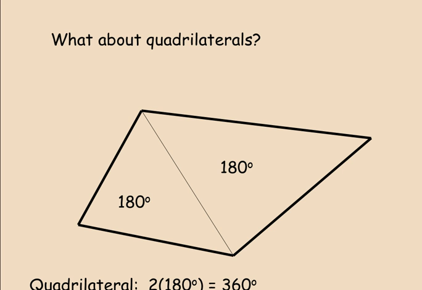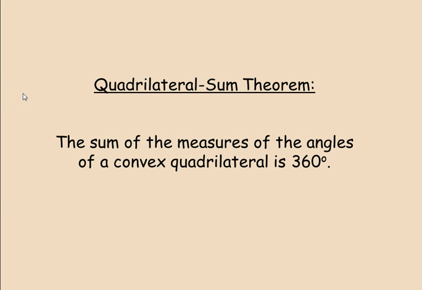So the quadrilateral sum theorem basically says what we just saw, that the sum of the measures of the angles of a convex quadrilateral is 360 degrees.